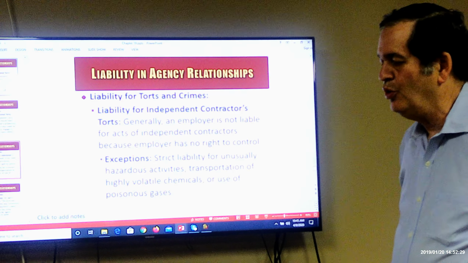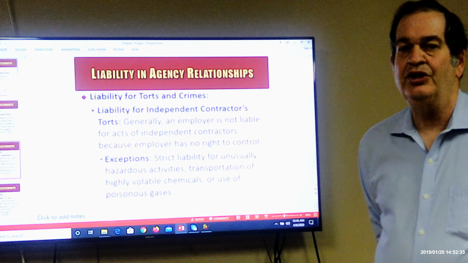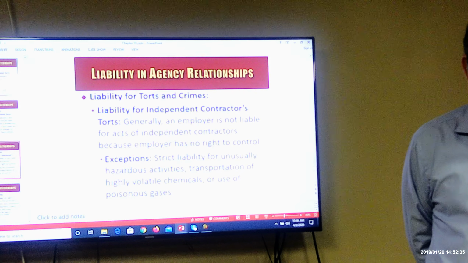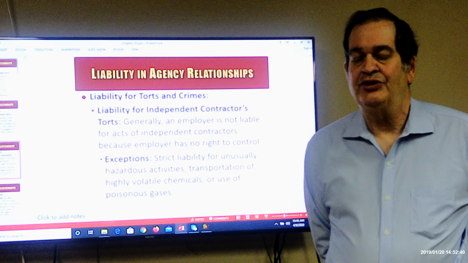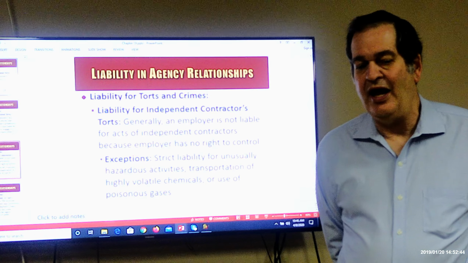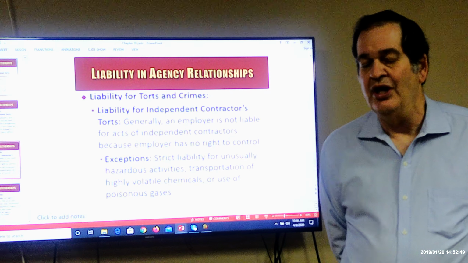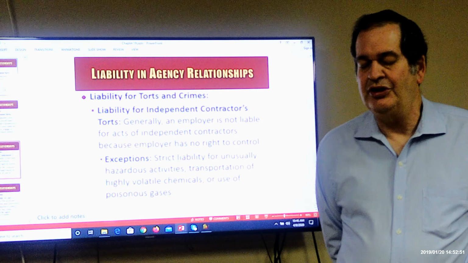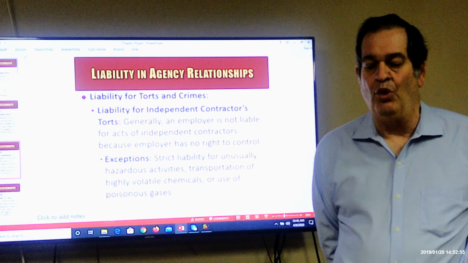Okay, so that brings us to where I wanted to get, and that's the independent contractor. Again, this is an extremely important area for business people to understand. People who do work for a business can either be classified as employees, that is agents, or independent contractors. There is a big significant difference between the two, particularly as it relates to the employer.